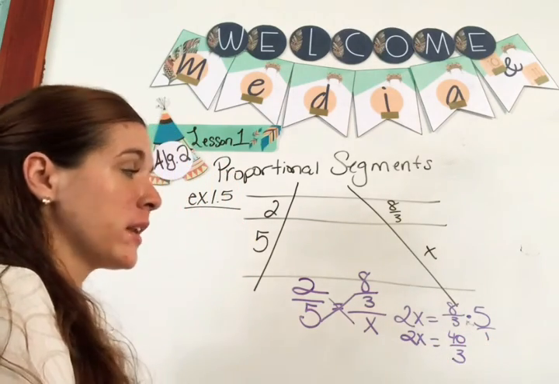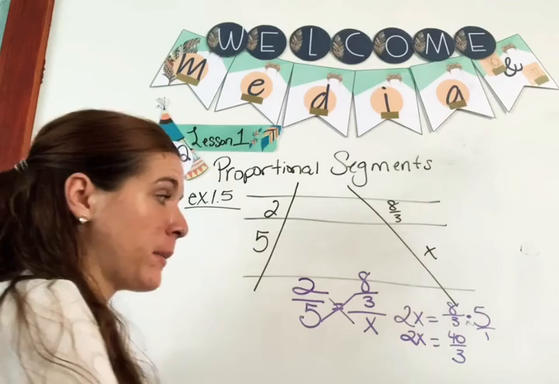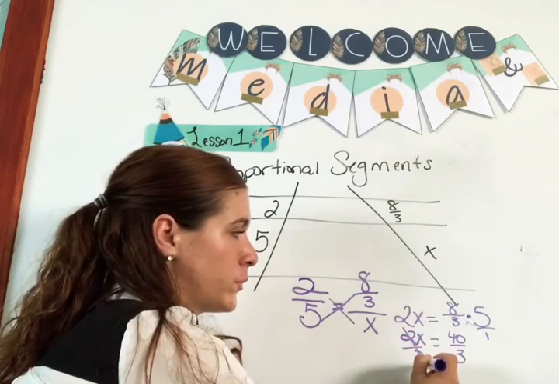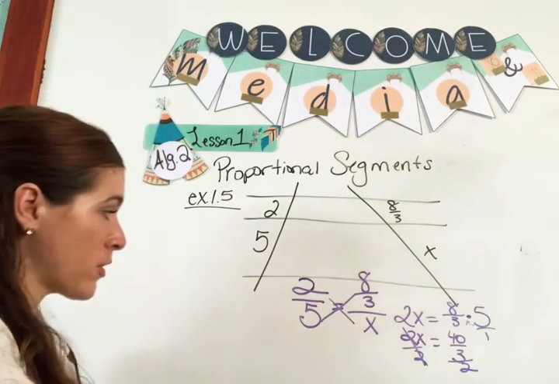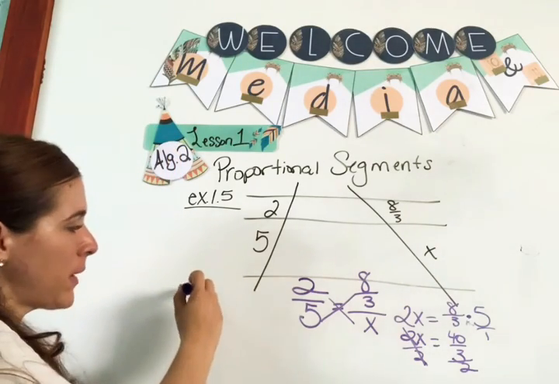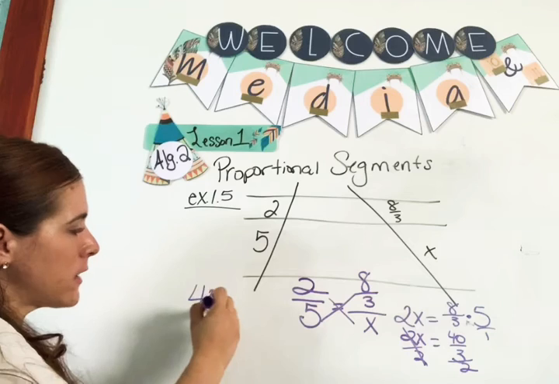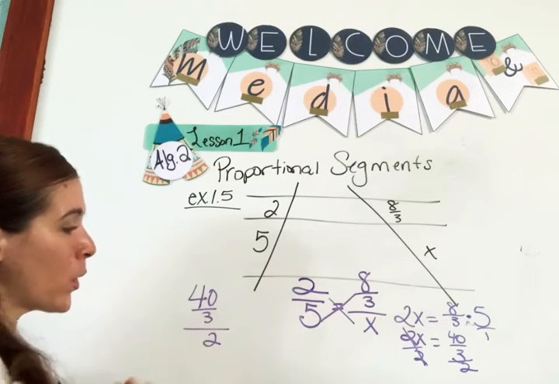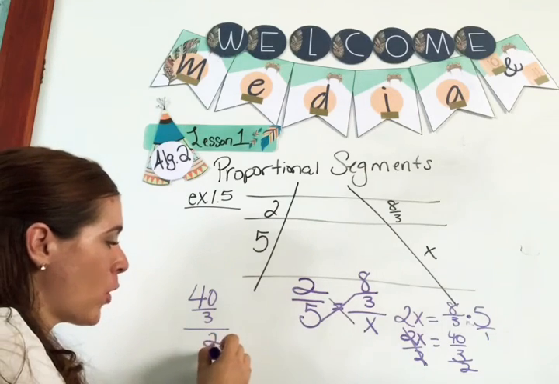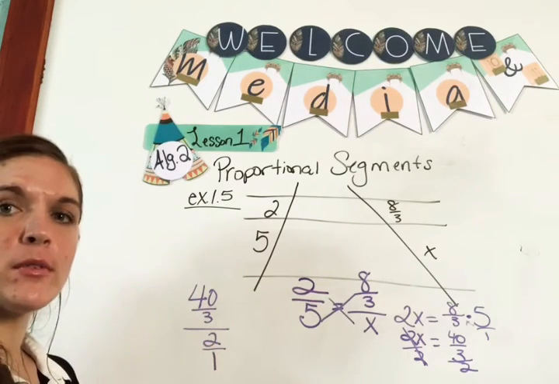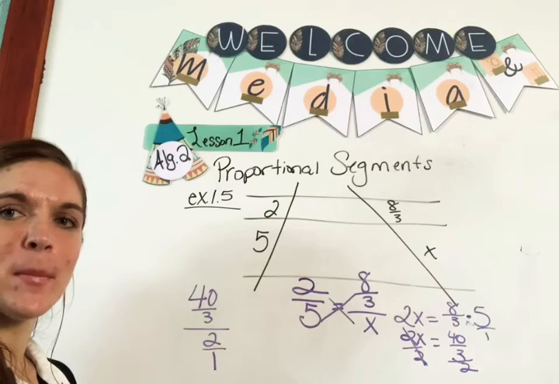Okay. You're going to take 40/3 and divide by 2. Okay, let me move this over here so you can see it. 40/3 divided by 2. What I always do with this, you guys, where you have a fraction over a fraction to divide, I put a 2/1 right here, because then you flip-flop and multiply, right?